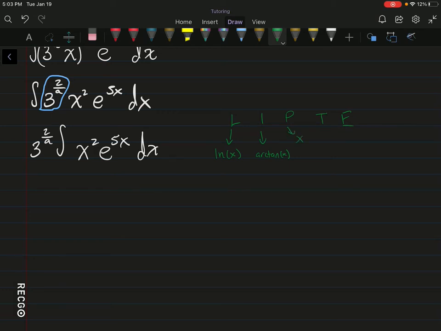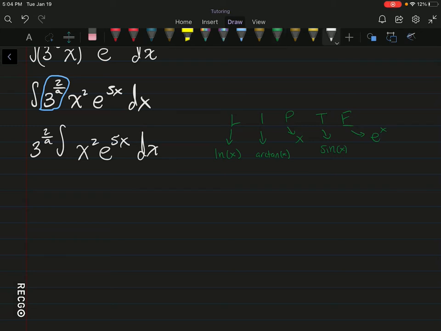P stands for x. T stands for sine or cosine, just any trig that follows that form, and E stands for e to the x. So this tells us the order and how we're going to put the variables that we have into the table that we're about to make.